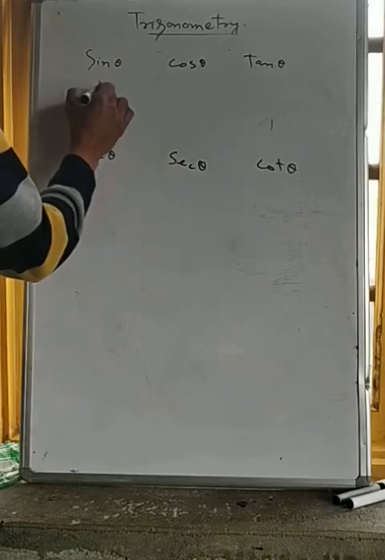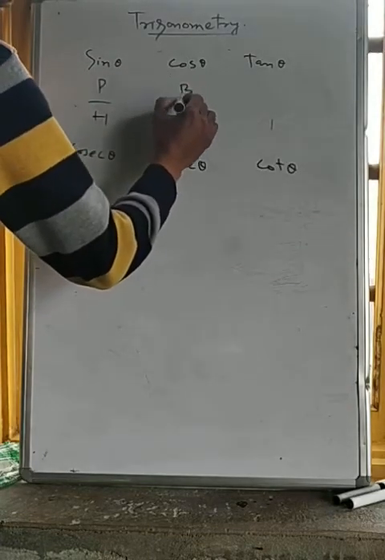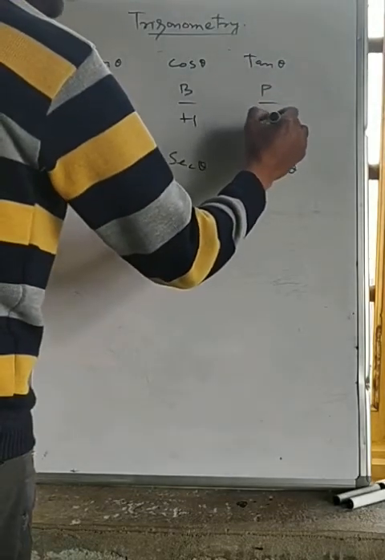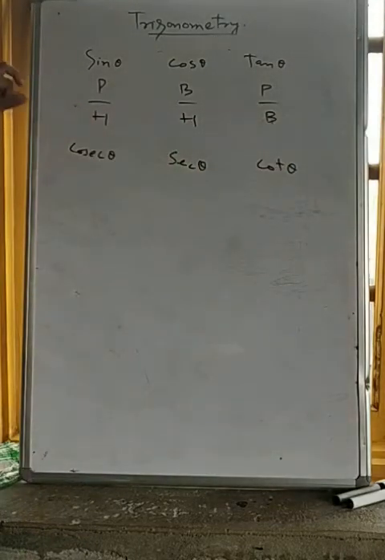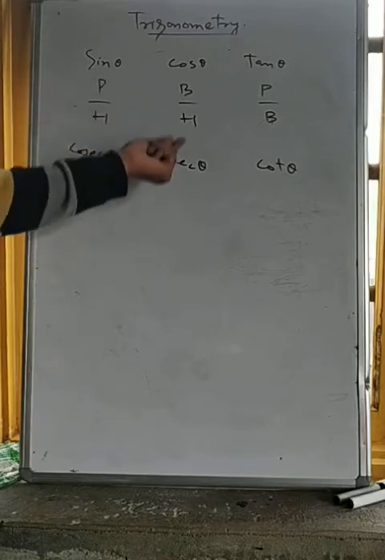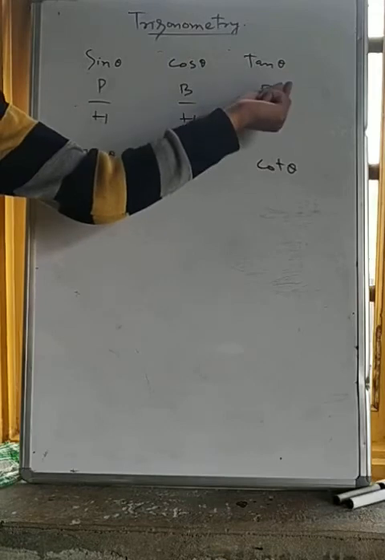Sine theta is equal to perpendicular divided by hypotenuse. Cos theta is equal to base divided by hypotenuse. Tan theta is equal to perpendicular divided by base. Similarly, cosec theta will be equal to hypotenuse divided by perpendicular. Sec theta is equal to hypotenuse divided by base. And cot theta is equal to base divided by perpendicular.